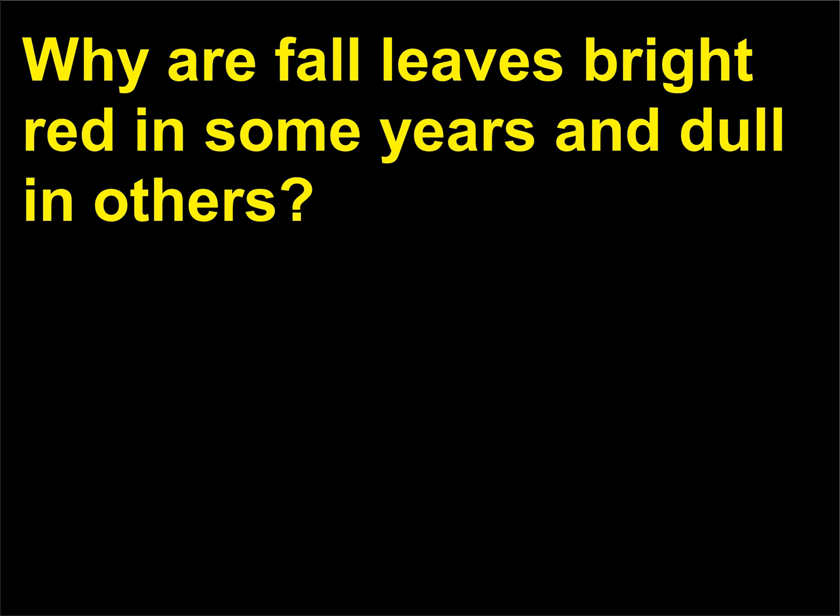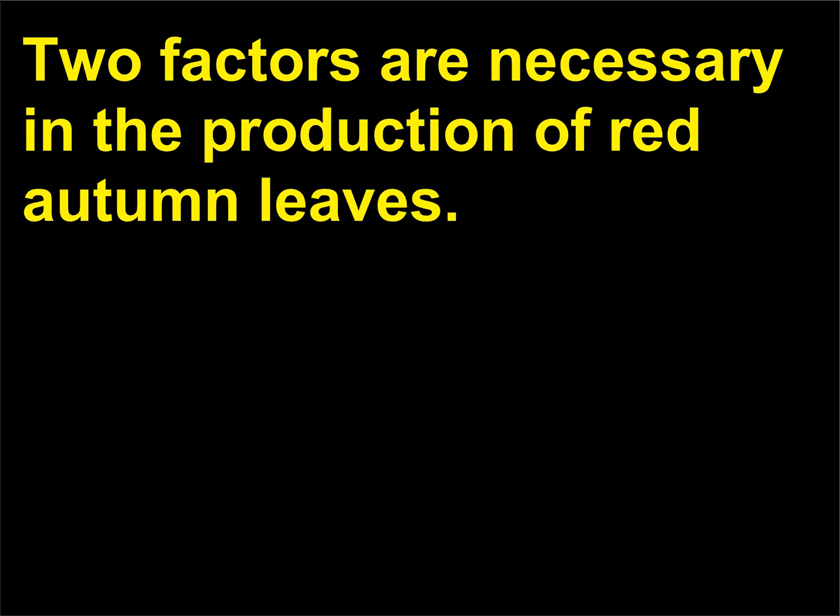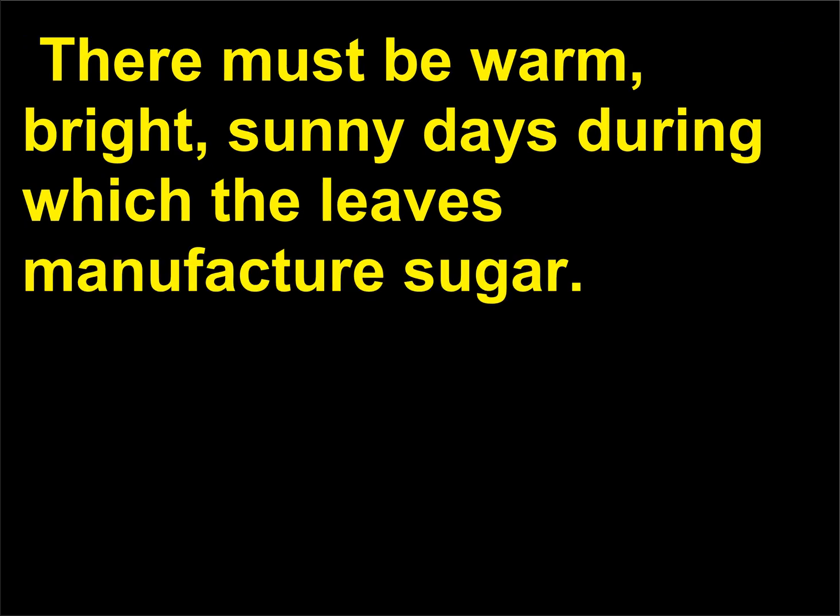Why are fall leaves bright red in some years and dull in others? Two factors are necessary in the production of red autumn leaves. There must be warm, bright, sunny days during which the leaves manufacture sugar.